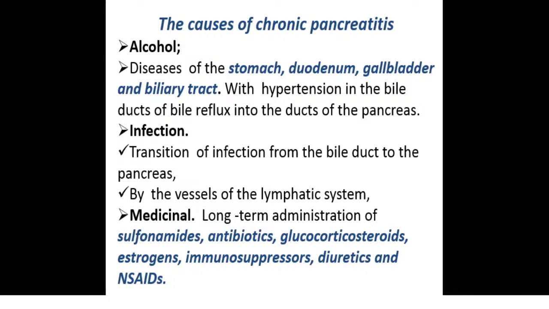The first, very often, is alcohol. It may also be diseases of the stomach, duodenum, gallbladder, and pathology of the biliary tract, with hypotension in the bile duct, or bile reflux into the duct of the pancreas, and then activation of the enzymes.